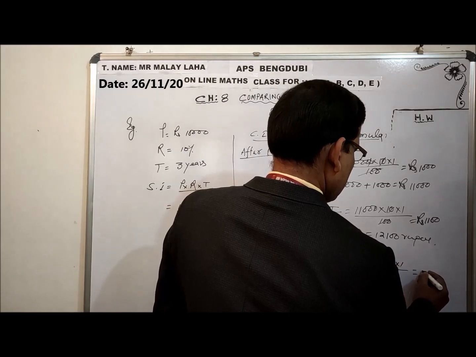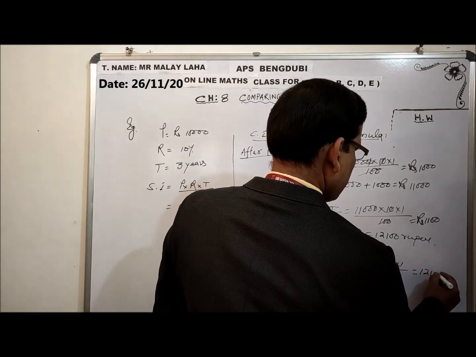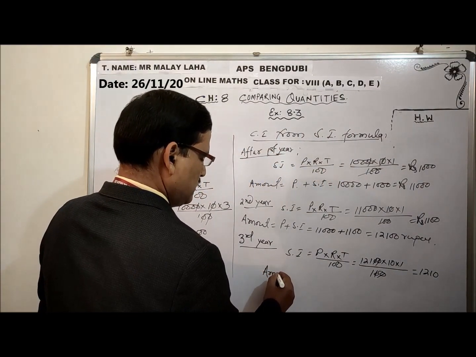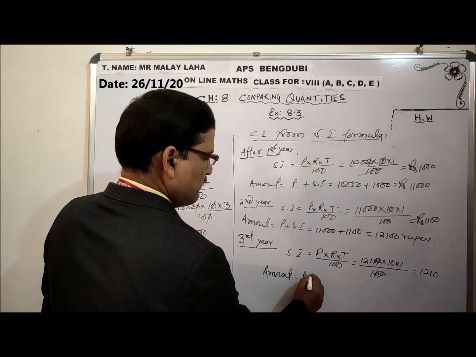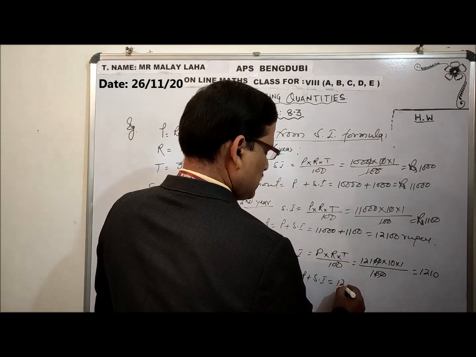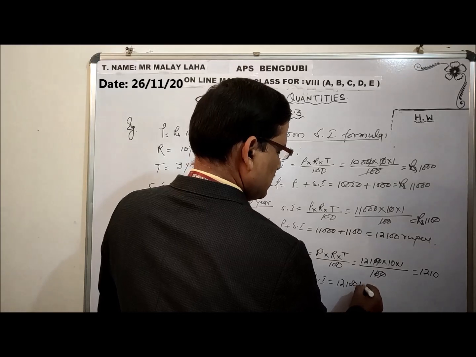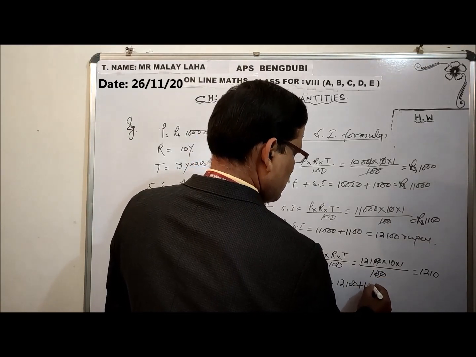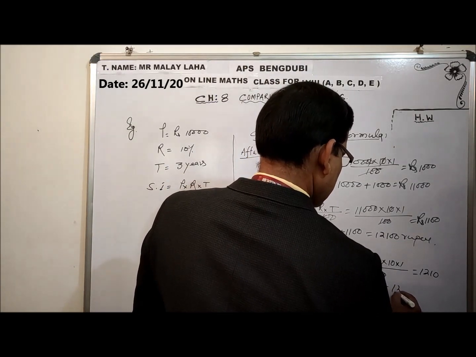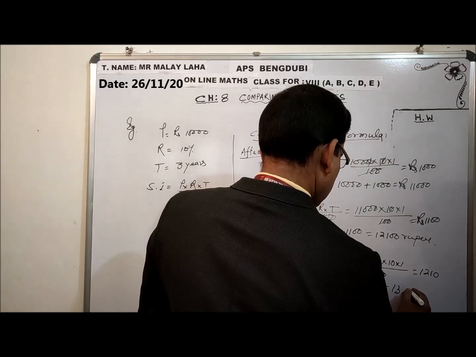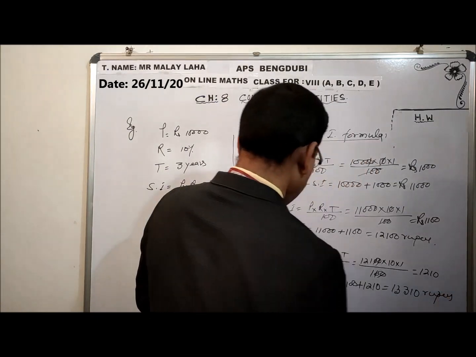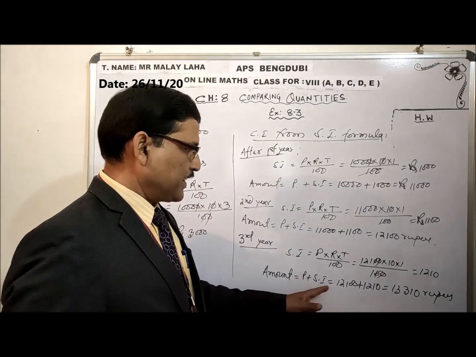It will be 210. So what will be the amount after the third year? Amount is equal to P plus SI. Clear? P is the last P, 12,100, plus interest 1,210. That is equivalent to 13,310 rupees.